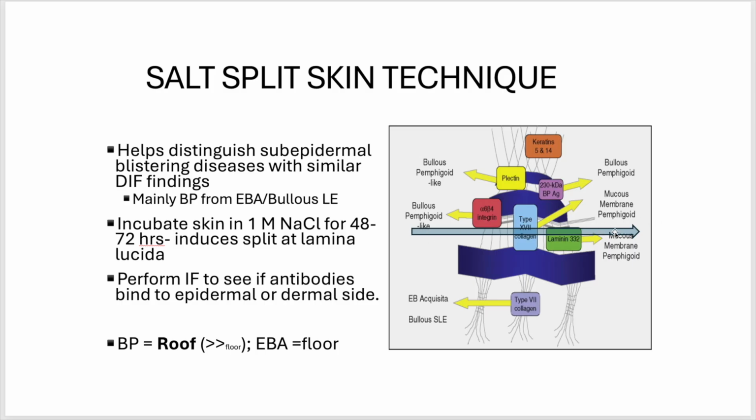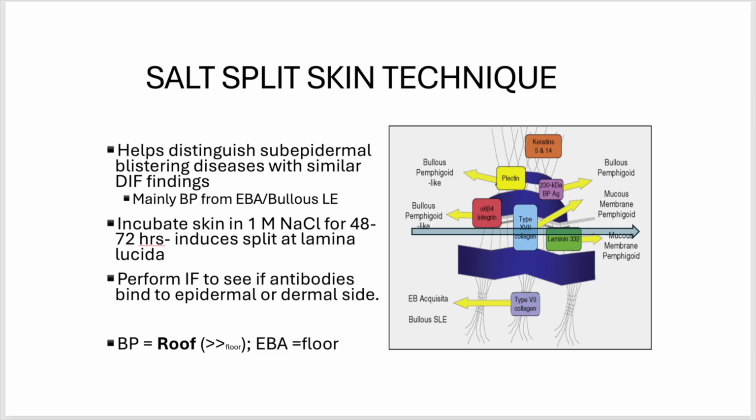So this arrow demonstrates the location of the lamina lucida. And if you pay attention to the location, this is the top part. The BPAG, BP230, is located above this separation, while type 7 collagen is below the separation. After that, when we do the direct immunofluorescence study on this salt split skin, you will see the autoantibodies bound somewhere.